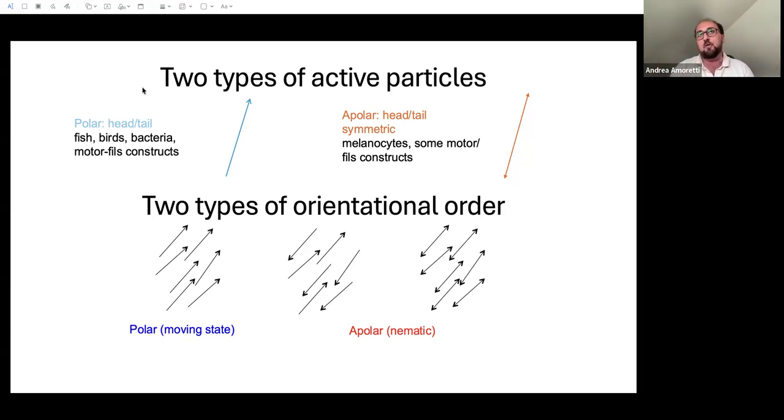First, the birds move randomly, so the average velocity is zero, and then at some point something happens, the flock is formed, and they all fly together with a constant velocity in the same direction. So this is a sort of polar moving state. There is also what is called apolar or nematic orientational order. Polar active matter can also have this kind of order, but we won't focus on this. And for sure, this is the only case possible for apolar active matter.